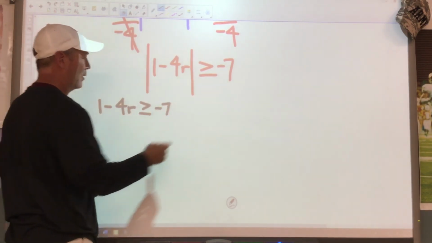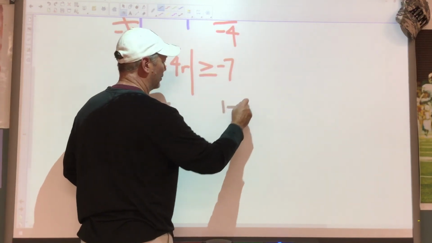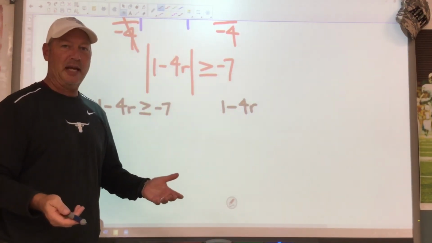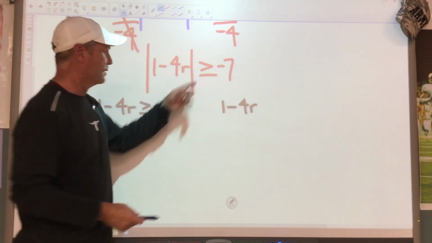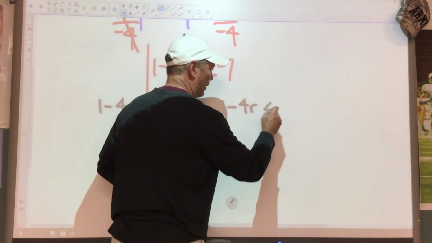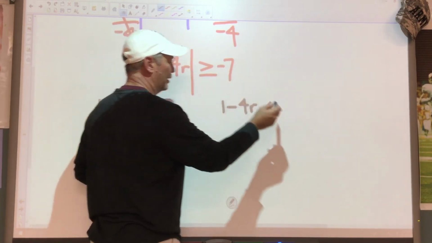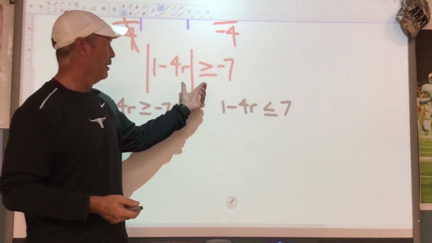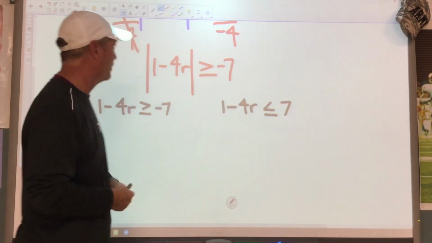Second time, 1 minus 4r. Uh-oh. What do we do on the second time? We have to flip the symbol and take the opposite. That becomes a +7.